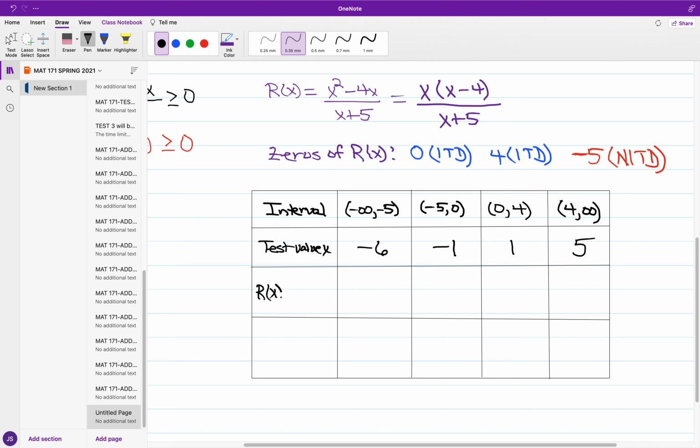In the case of r of x, again, we have x squared minus 4x all over x plus 5, and we're looking at the outputs corresponding to the inputs of negative 6, negative 1, 1 and 5.